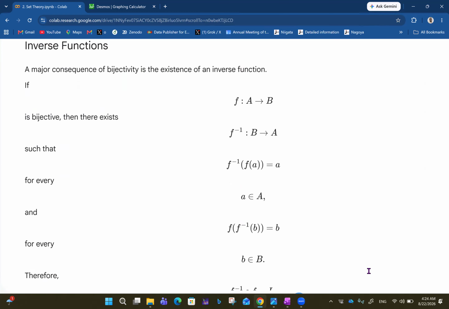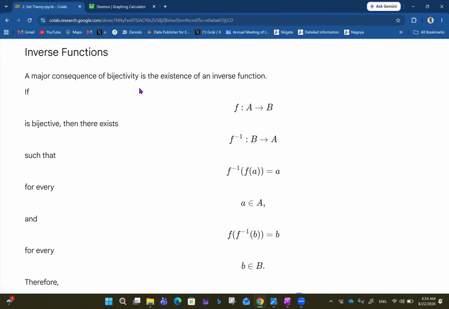Inverse functions now. A major consequence of bijectivity is the existence of an inverse function. Because every element in the codomain is used up, we can always find something for it in the domain.